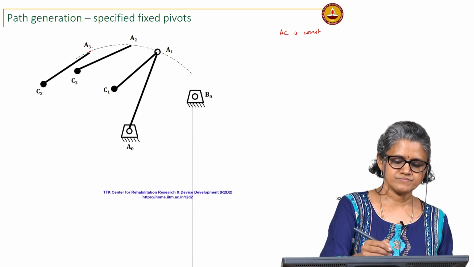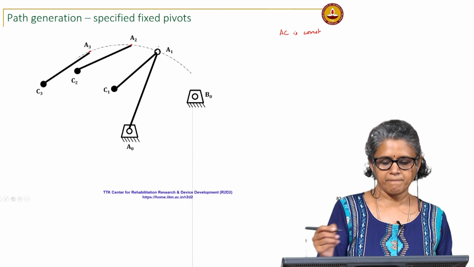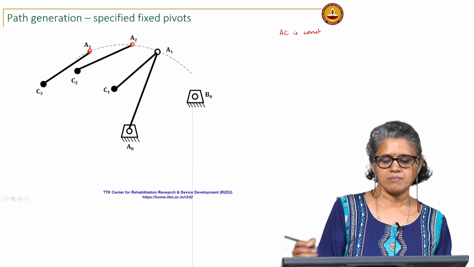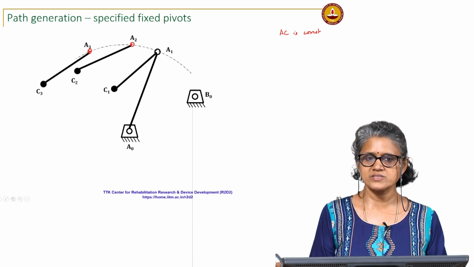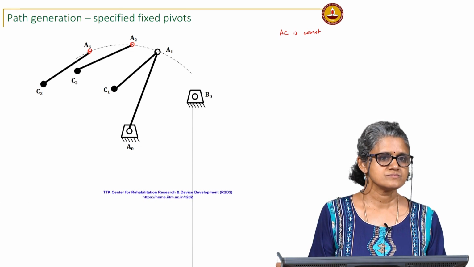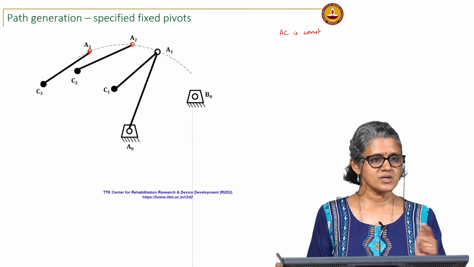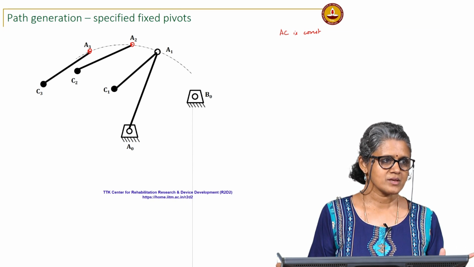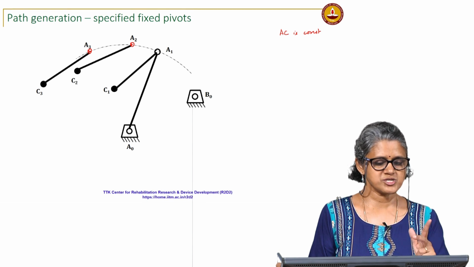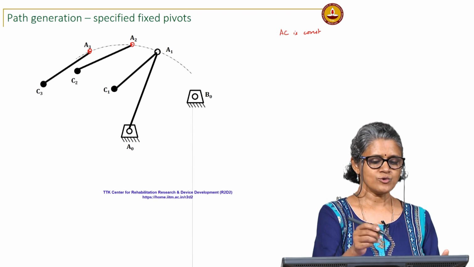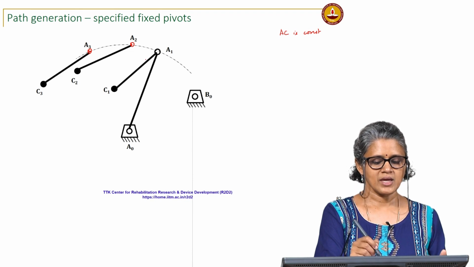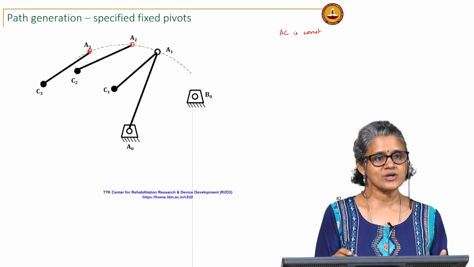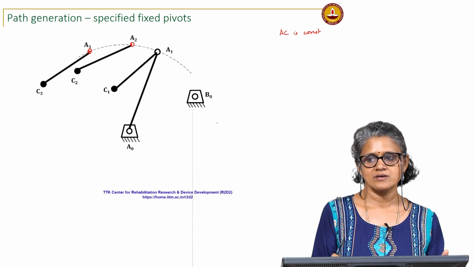So, A1 is a moving pivot. Now what is this problem reduced to? It reduces to the 3 position motion generation. Now, you have to move A1C1 to A2C2 to A3C3 and you are given the fixed pivots.